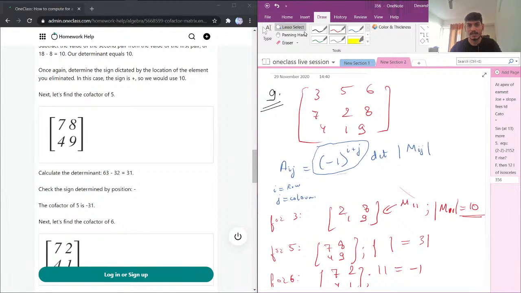Then again we calculate for 7. For 7 we will block the second row and first column. So my minor will be 5, 6, 1, 9.